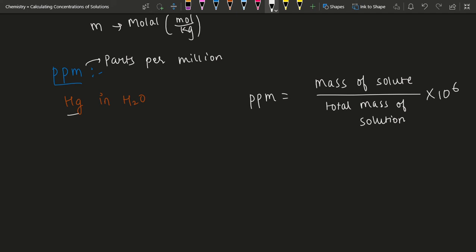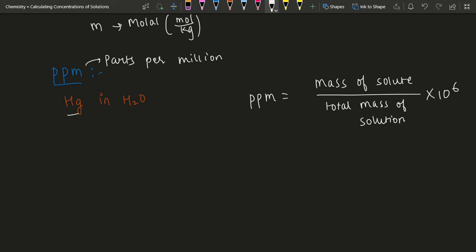So it's an analog of the mass percent, the m by m percent that we talked about in the first video, the very beginning. It's an analog of that, but for traces, for amounts that are really, really small. For example, let's continue with the example of mercury in water.